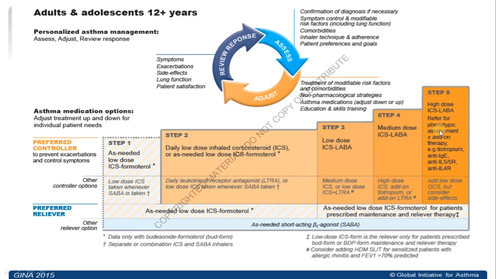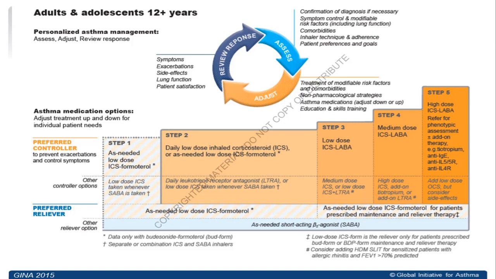Sometimes we can refer for phenotypic assessment, meaning we identify the phenotypes of bronchial asthma. There are different phenotypes. We can add on therapy. We can add tiotropium, which is a long acting antimuscarinic.